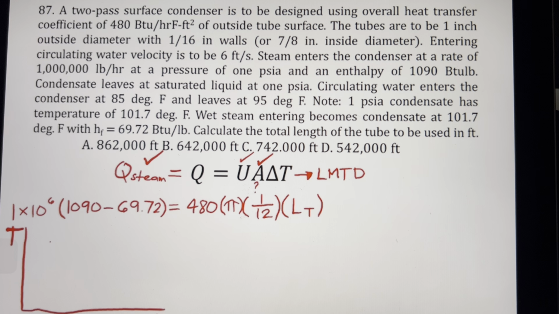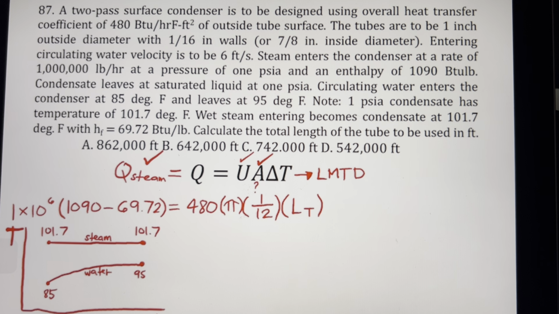So there is no change in temperature, only a change in phase. So our entrance is 101.7 Fahrenheit, and the exit has the same temperature. So that's our steam. And for the other fluid, which is water, it enters at 85 and exits at 95.